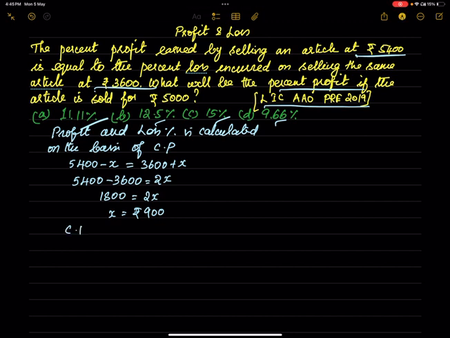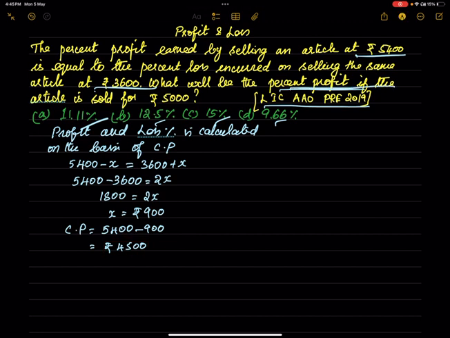CP is equal to 5,400 minus 900, or 3,600 plus 900. Whatever it is, CP is the same. 4,500 is CP. Now we are going to do the final calculation. What do we have to find out?